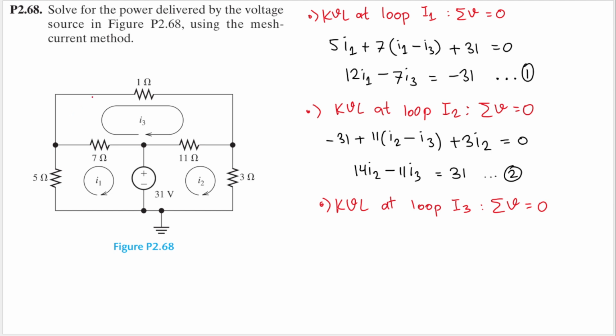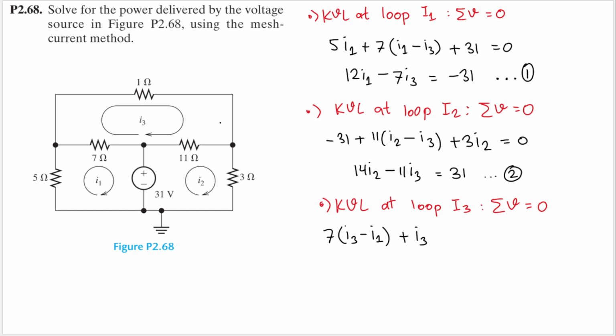Maybe let's start from this 7 ohm resistor. 7, but now we are working on I3, so I3 comes first. I1 is flowing in the opposite direction, so I will have minus I1 here. Let's follow the loop, and I will have the 1 ohm, so I have plus 1 multiplied by I3. So I just write it as I3.